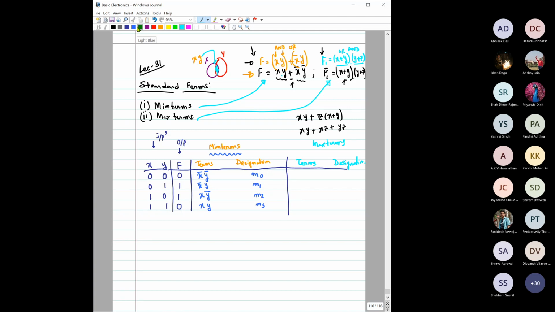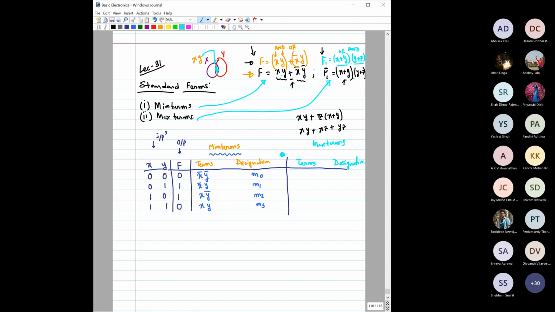Sir, but the values of f are not always 1, right? It varies: 0, 1, 1, 0. Right now do not see the output term. Only see these terms: x, y corresponds in minterms to x bar, y bar, because for x equal to 0 and y equal to 0 it should give you 1. Okay, sir. So we always tend to get 1 when writing these terms.